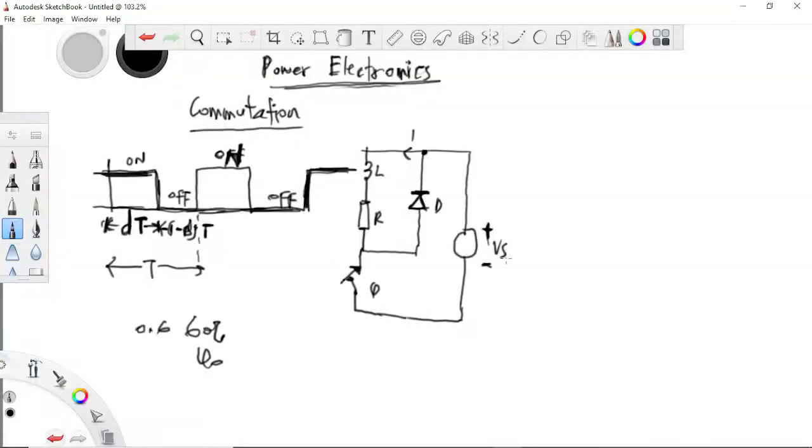I'm saying that the switch comes on, the diode is reverse bias, so current flows through here. So there's current flowing through the inductor and the resistor.